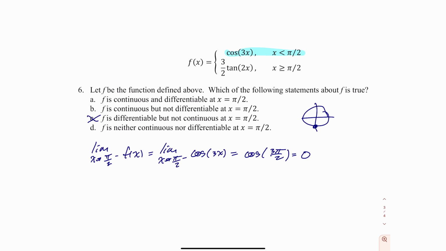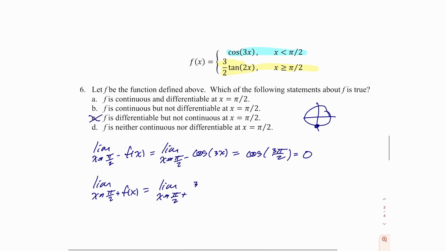would be useful. And then we need the limit as x approaches pi over 2 from the right of f of x, which will be the limit as x approaches pi over 2 from the right of, if we are approaching from the right, boom. So that'll be 3/2 tangent of 2x, which is, tangent's not continuous, so we do have to worry about this, but let's just sub in pi.